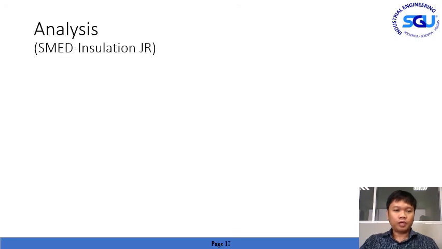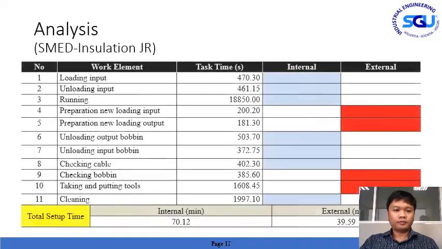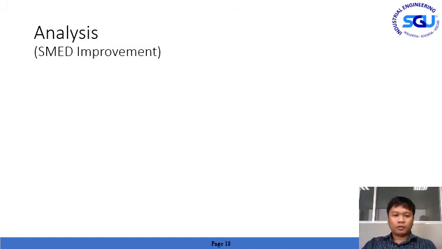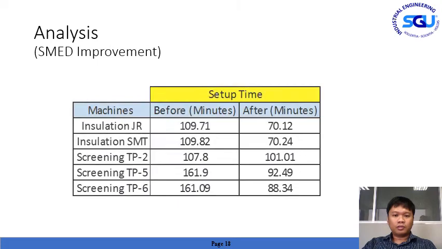We use SMED, for example, in the insulation machine. We describe all the work elements and the task time for each work element, and then we separate the internal and external processes so we can get the internal setup and external setup. By using SMED, we can reduce the setup time for the 5 machines.